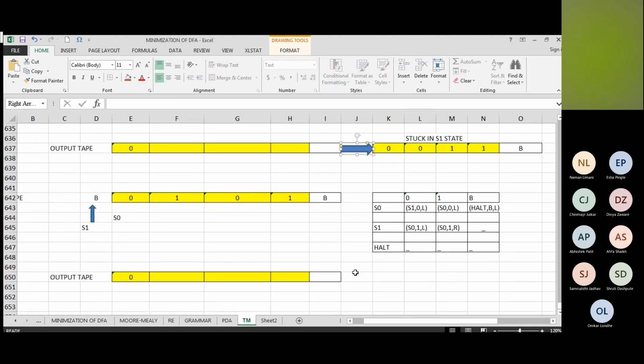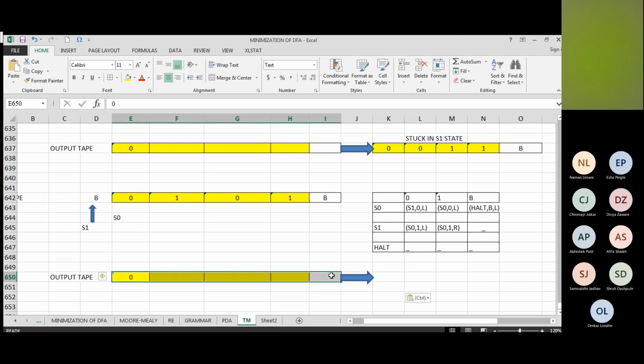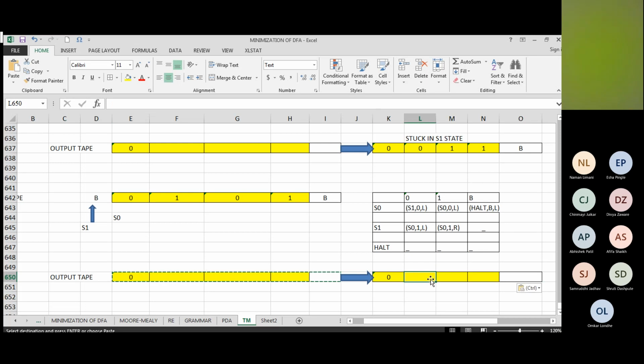Whereas in this, again you will find that this 0 is as it is, and this is also 1, 0, 1. Where did it come from? This only got processed and it is moving to left. Rest of the symbols will stay the same. So here also it is stuck in S1.